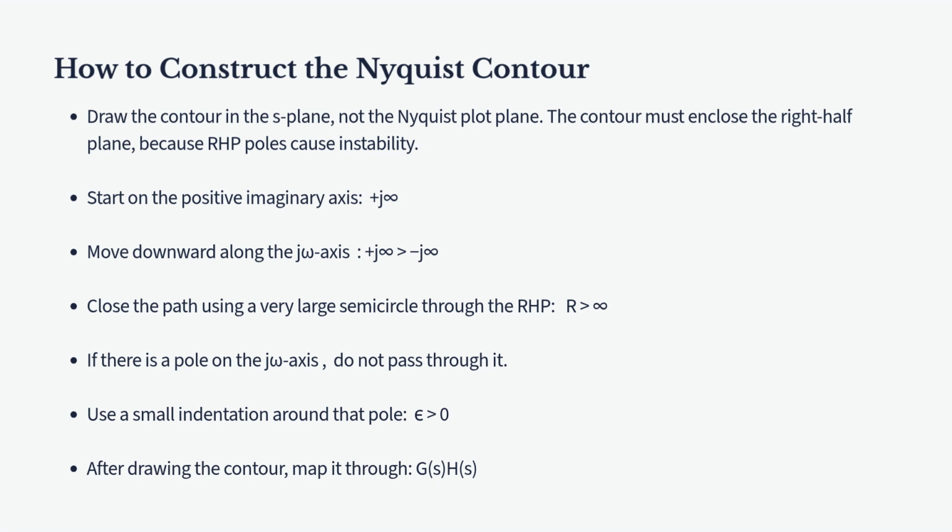One important point is this: if there is a pole on the imaginary axis, we should not pass directly through it. Instead, we draw a small curve around it. This is called an indentation. After drawing the contour, we pass it through the open loop transfer function G(s)H(s). That gives us the Nyquist plot.